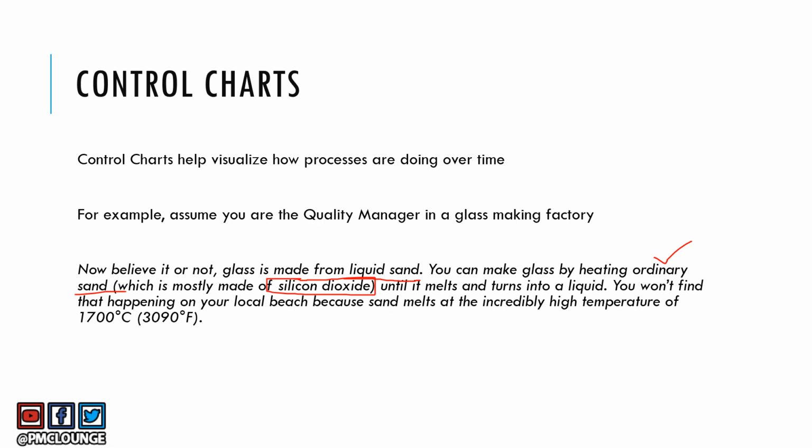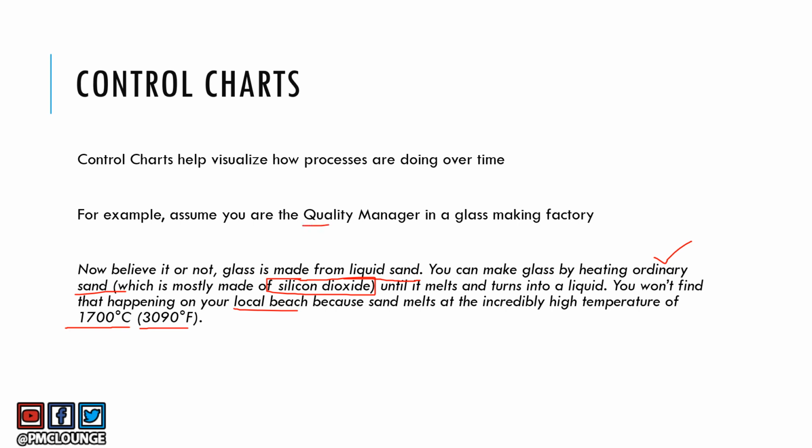You won't find that happening on your local beach because sand melts at the incredibly high temperature of 1700 degrees Celsius. For our American folks, that is 3090 degrees Fahrenheit. So that's when sand will melt and will turn into glass.